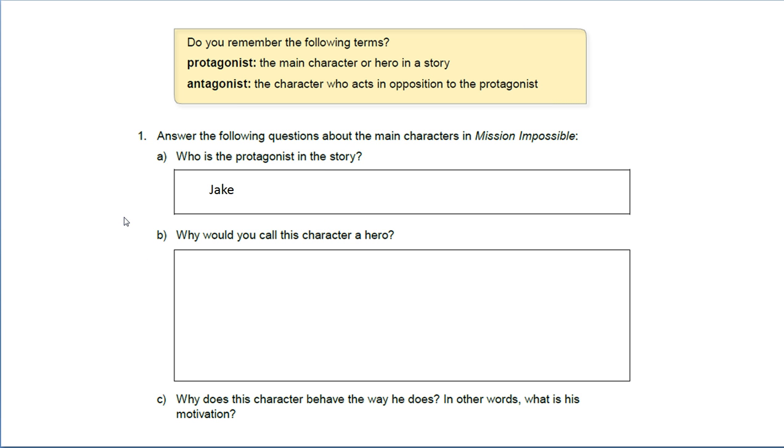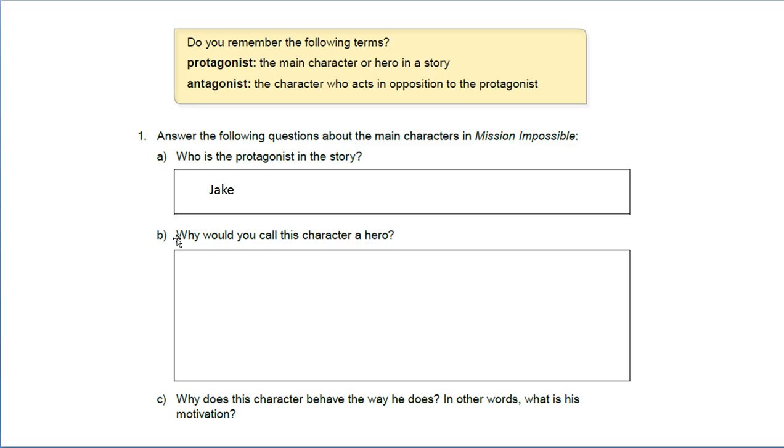Why would you call him a hero? Now this is a personal opinion. I can give you my personal opinion, it may differ to yours. But I call him a hero because of how he is trying to solve problems to be able to help his parents out the best he can.